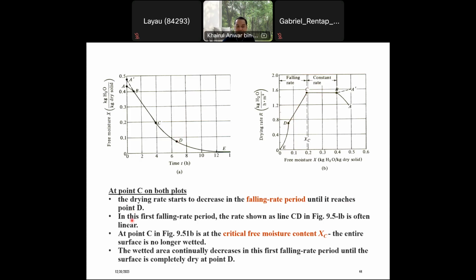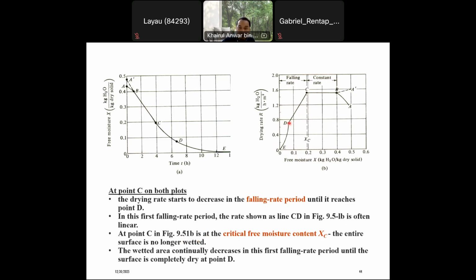In this first falling rate period, the rate shown as line CD in figure 9.5-1b is often linear. At point C in 9.5-1b is the critical free moisture content.